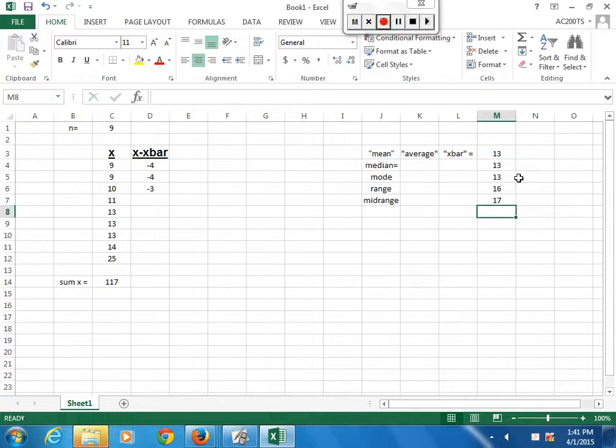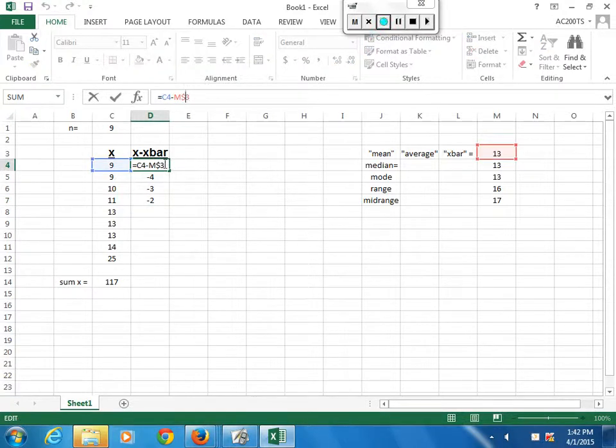All right, so watch what happens if I copy this down. I should get -4, -4, -3, blah, blah, blah. Okay, everything's working. I thought I didn't lock it. Oh, hold on, I'm not supposed to lock it.